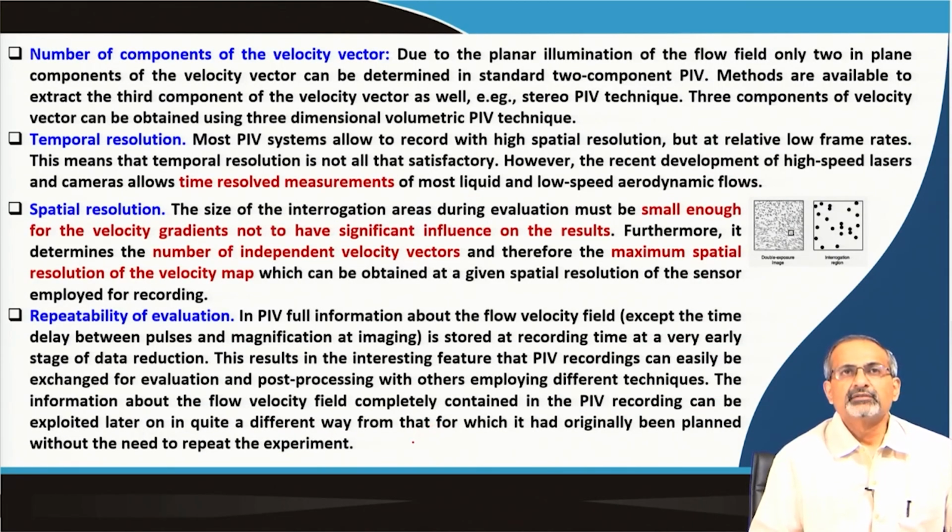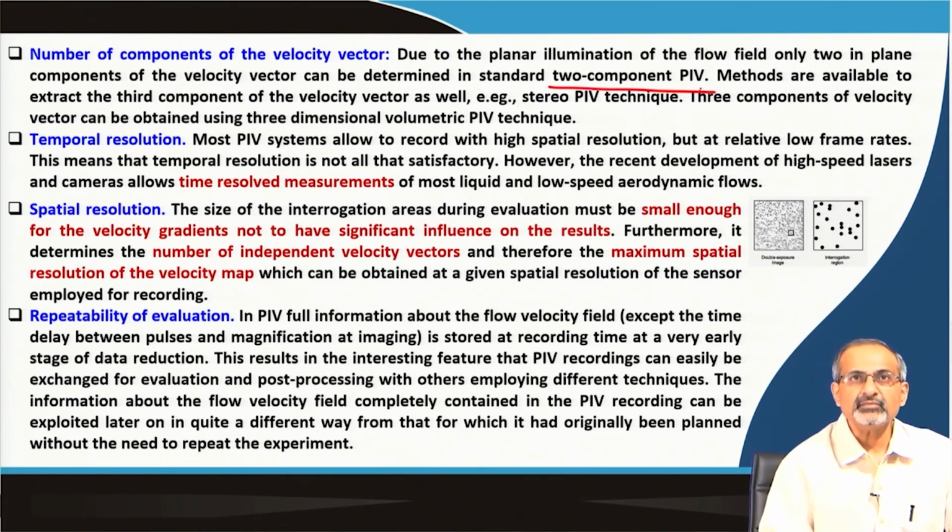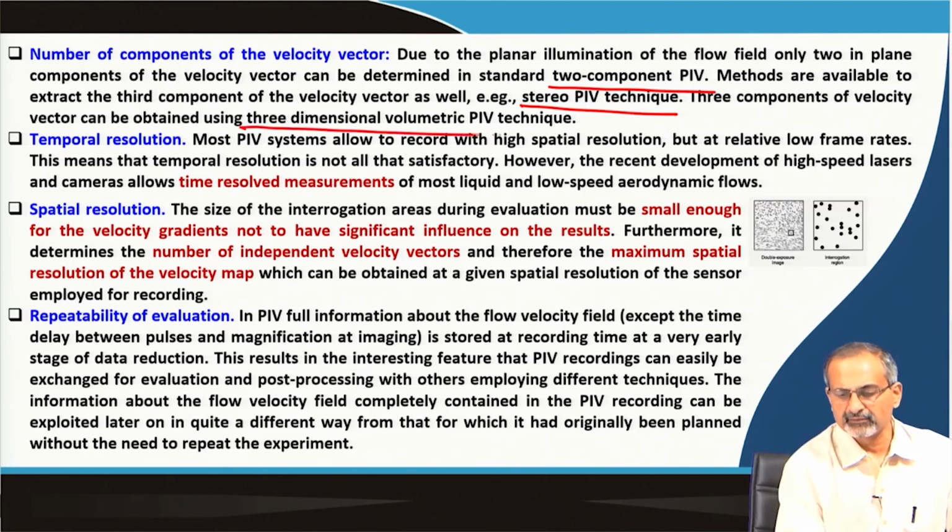Number of components of the velocity vector. Due to the planar illumination of the flow field, only two in-plane components of the velocity vector can be determined in standard two-component PIV or 2D PIV. Methods are available to extract the third component as well using a stereo PIV technique or a complete three-dimensional volumetric PIV technique.